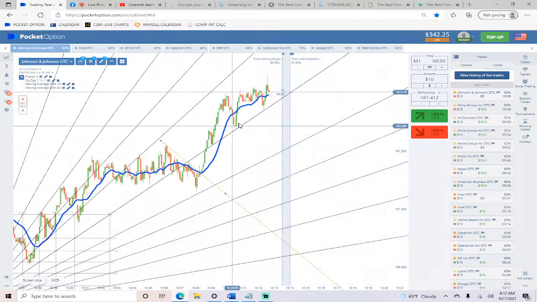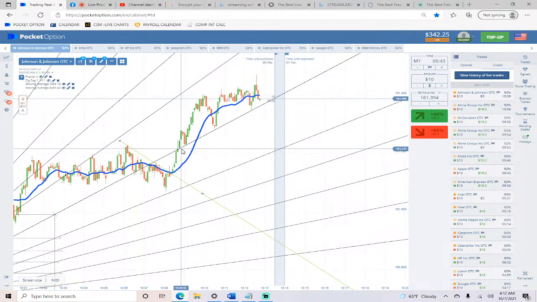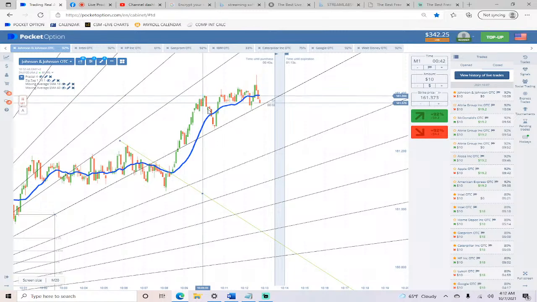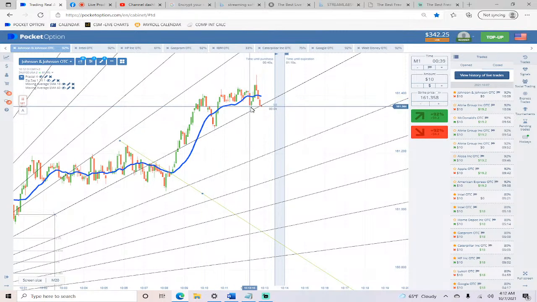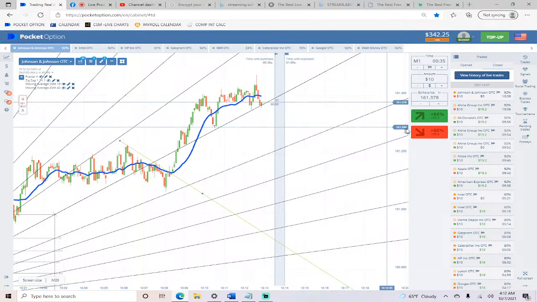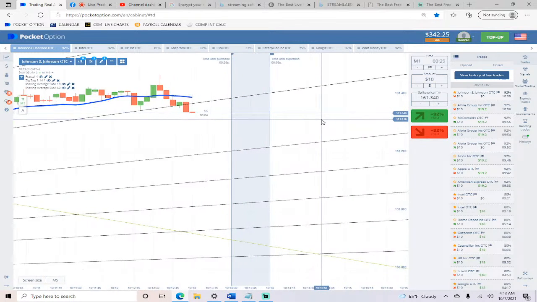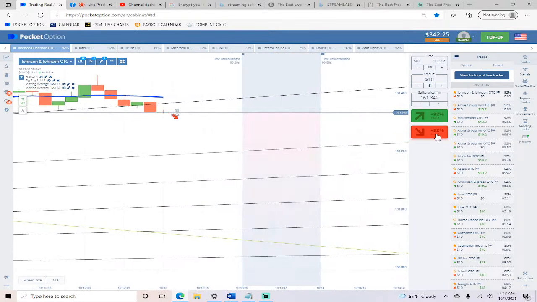So what does that mean? Three times we've tested it. Now, are we going to see this type of huge bounce? No. Our bounces off here are getting smaller. And let's get ready to get in.